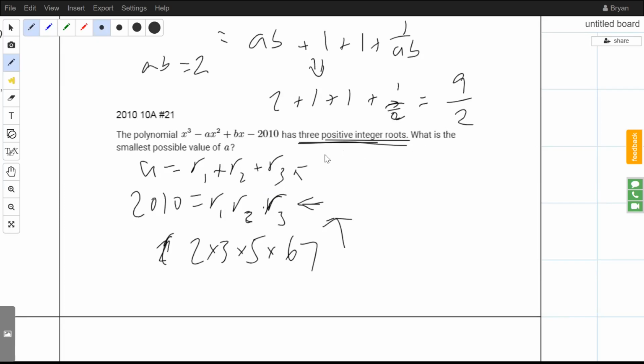So what numbers should we choose for them? You can just use trial and error, but I think it's quite apparent that one of them should be 67 because it is so much larger than all of them. And if you multiply it by anything other than 1, you're definitely not going to be minimizing the sum. So 2, 3, and 5, how can we minimize the sum of them?